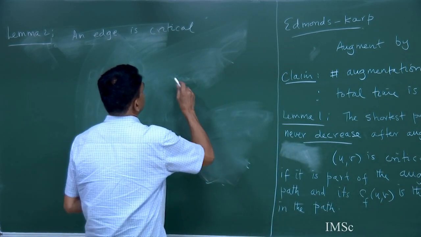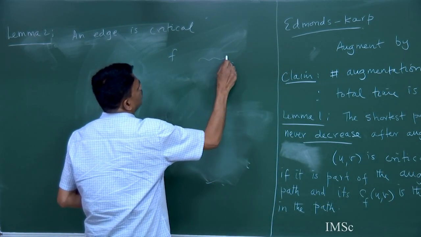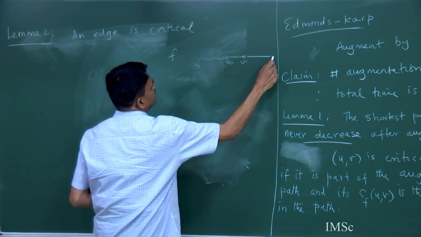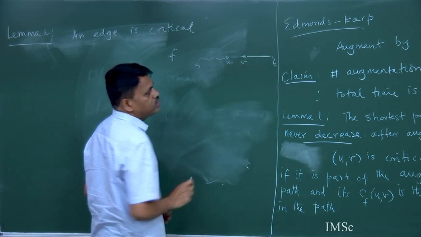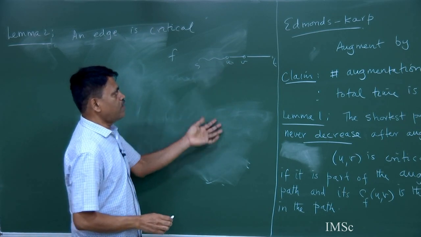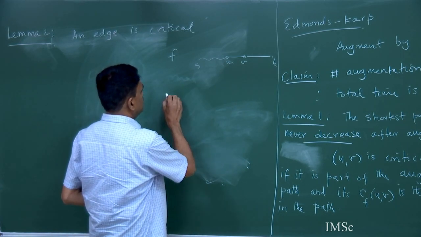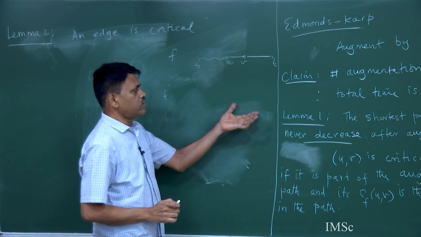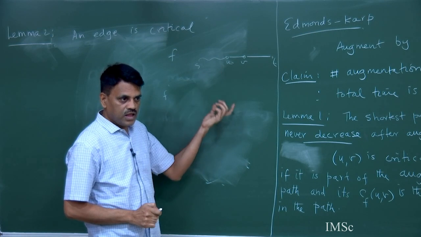So what happens, so here is this flow and here is an ST path and you augment through that. This edge has become critical. So let's say F prime is the next flow you get. What can you say about the edge UV in F prime?